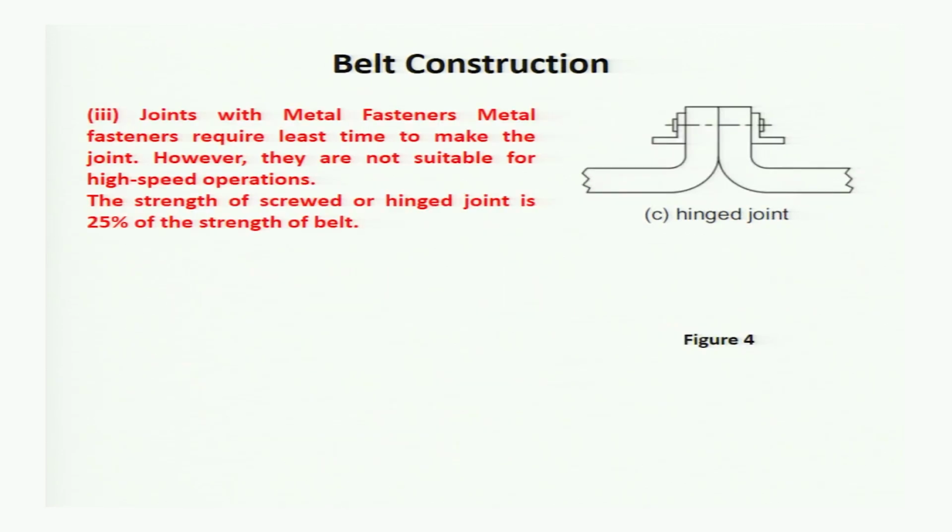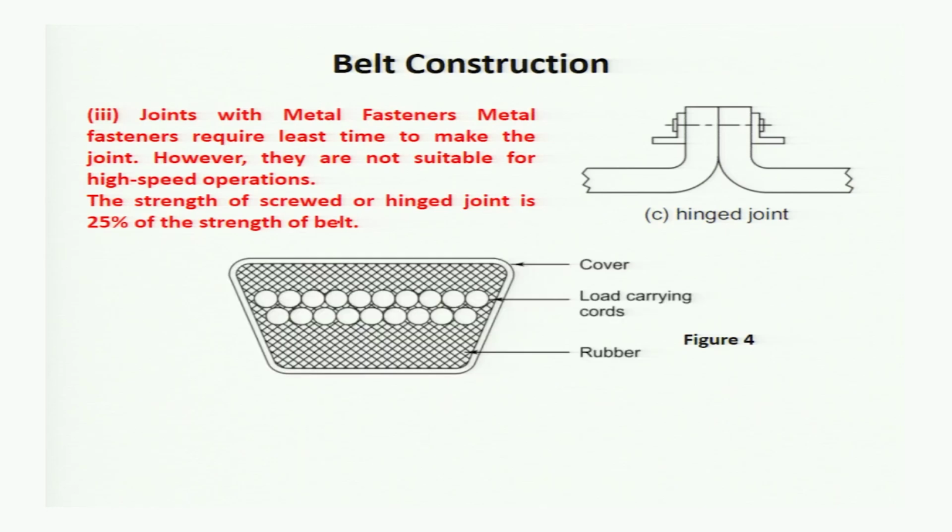The third one is with the metal fasteners. Joints with metal fasteners require the least time to make the joint. However, they are not suitable for high speed operation due to the metallic connections made. The strength of a screwed or hinged joint is 25% of the strength of the belt.